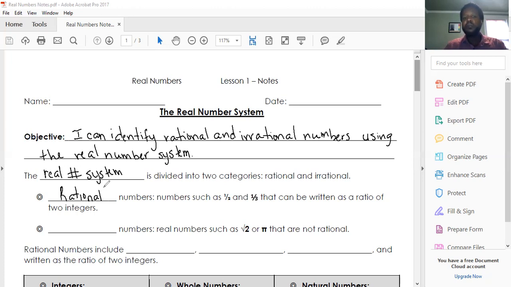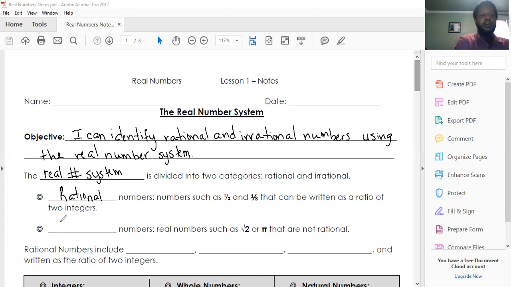So a rational number is a fraction or anything that can be written as a fraction. So remember, any whole number can also be written as a fraction, right? If I have the number 2, to make it a fraction, I just put 2 as the numerator, and then I put the fraction bar, and under that fraction bar, I put a 1. So that 2 over 1 is now a rational number, but it still represents my whole number that has a value of 2.